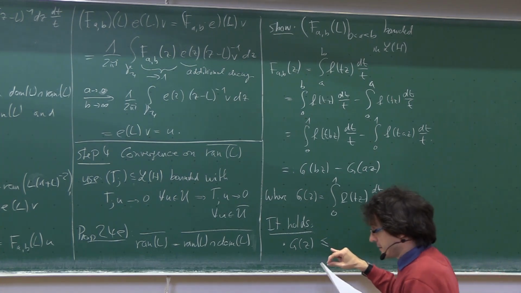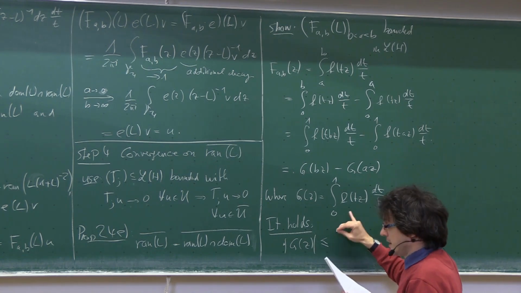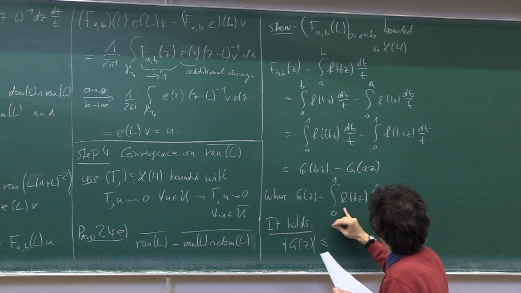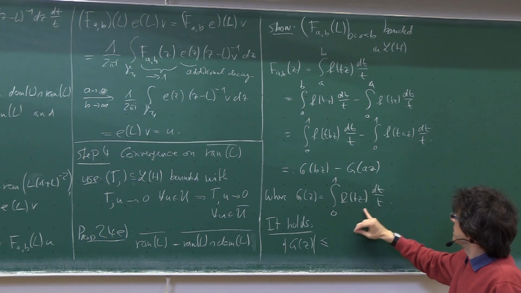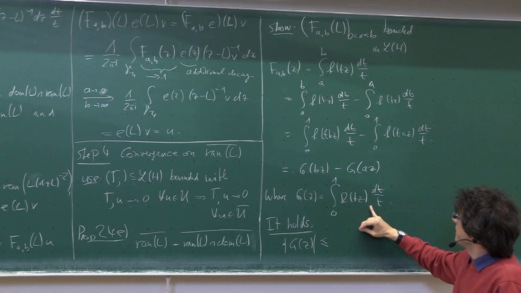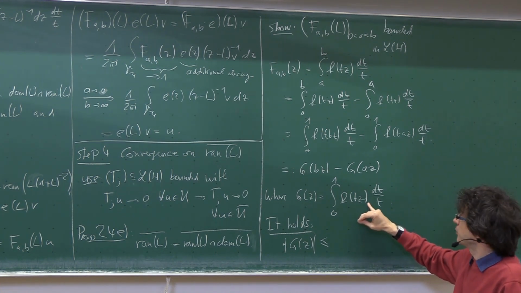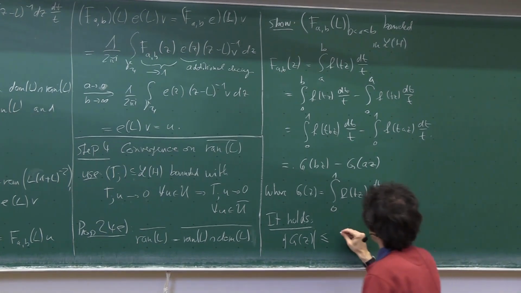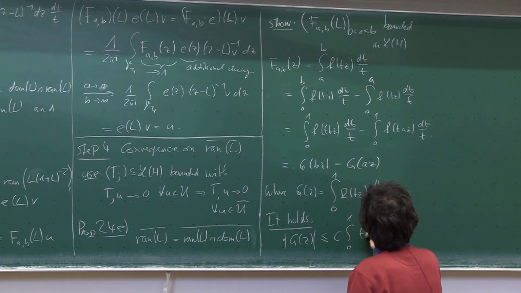We have to show that there are polynomial limits at 0 and infinity. The polynomial limit at 0 will be 0, so I look at the absolute value of g. I take the absolute value inside the integral, and then I can estimate f(tz) by |tz|^s times some constant. For small z, this is less than or equal to a constant times the integral from 0 to 1 of |tz|^s dt over t.